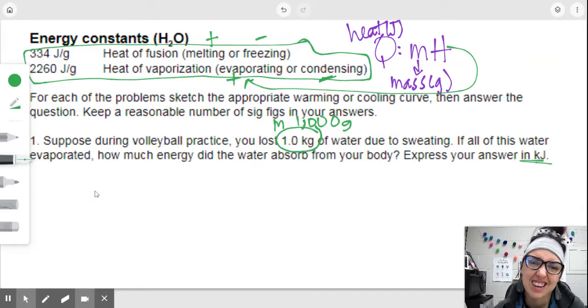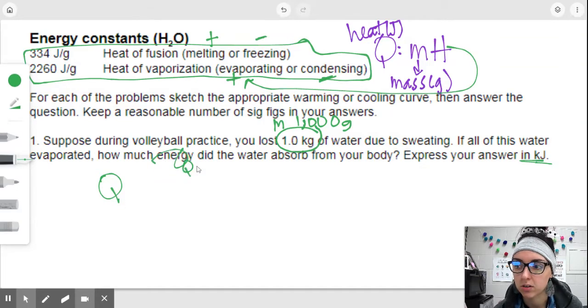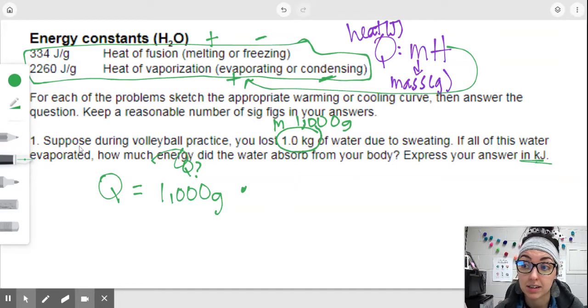Okay, so this equation is pretty simple. We're trying to calculate energy. That's Q, so Q is our question mark. Q equals the mass, 1,000 grams, times either the heat of fusion or the heat of vaporization. Well, you're sweating and it tells us the water is evaporated.